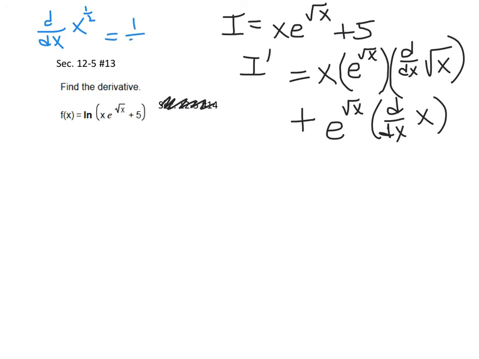And that's going to be 1/2 x to the negative 1/2, or 1/2 square root of x.